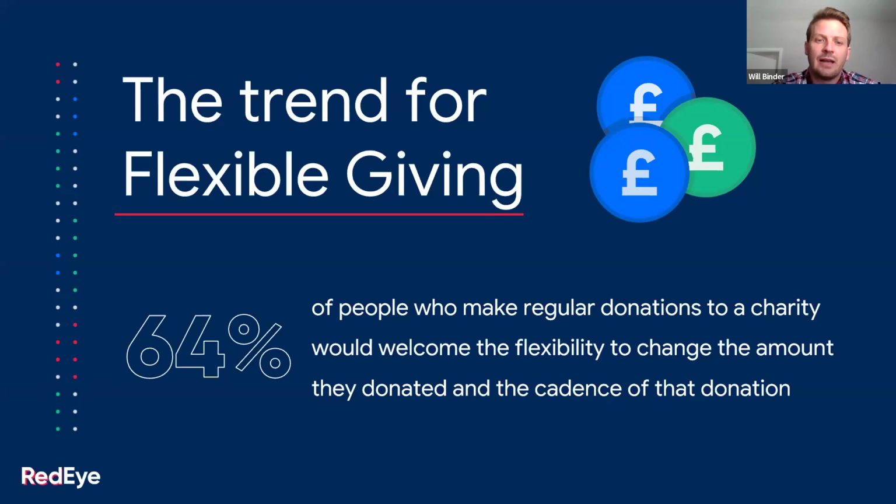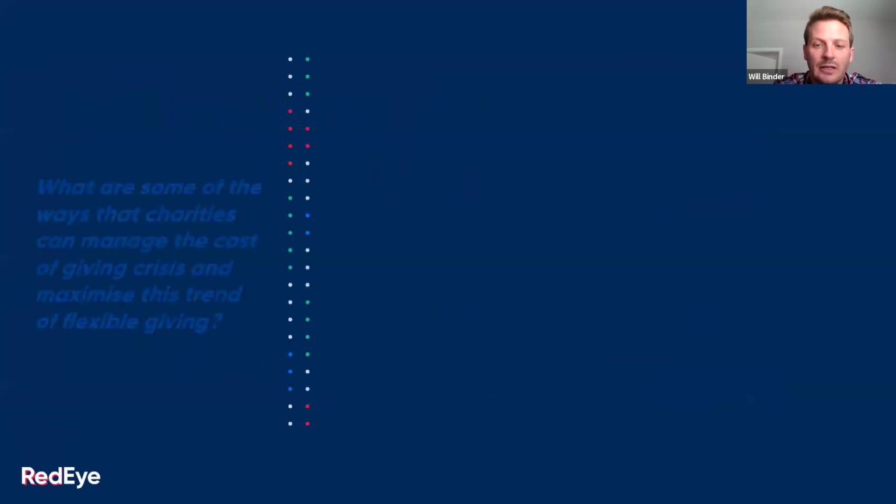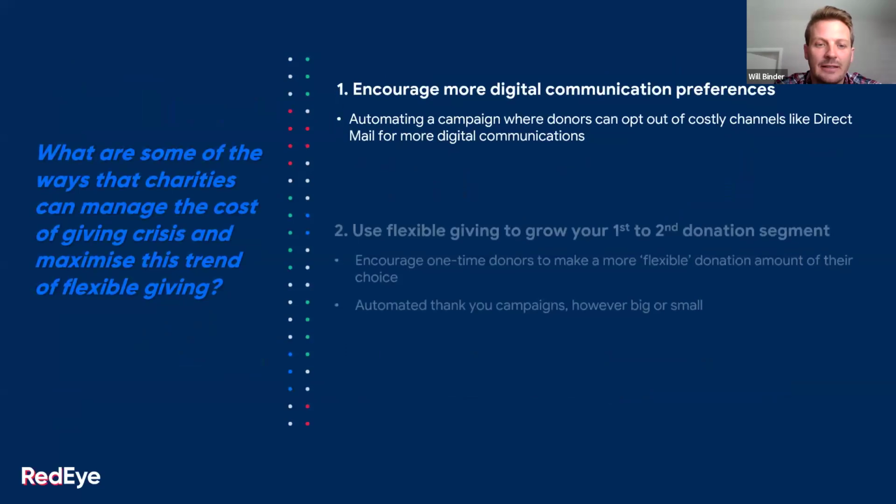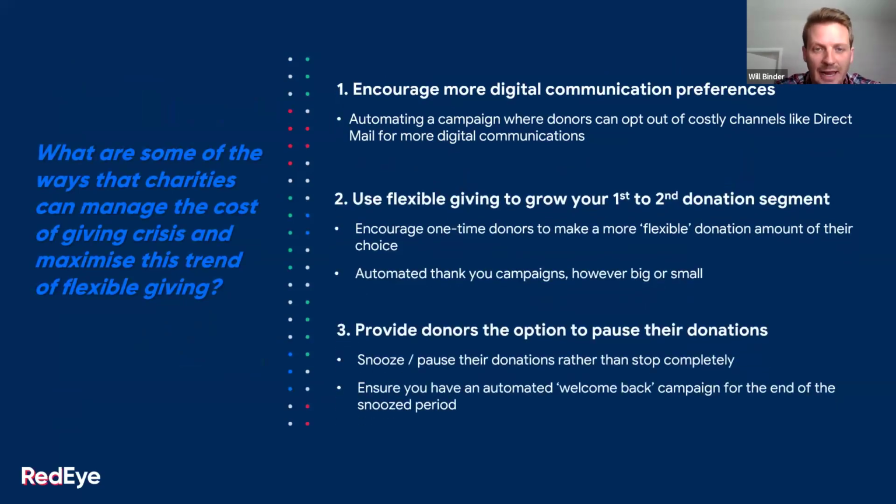So what it does is allow you to continue that relationship while continuing to drive in the donations and the revenue, even if it's smaller, more regular amounts. So Rachel's now going to talk you through some ways that you can manage the cost of giving crisis and maximize the trend of flexible giving.